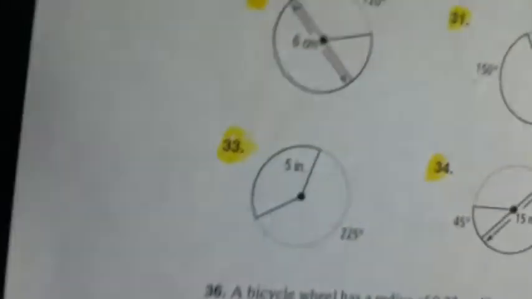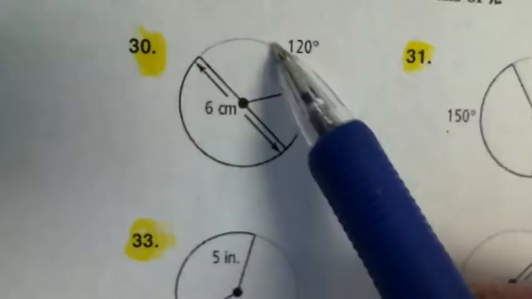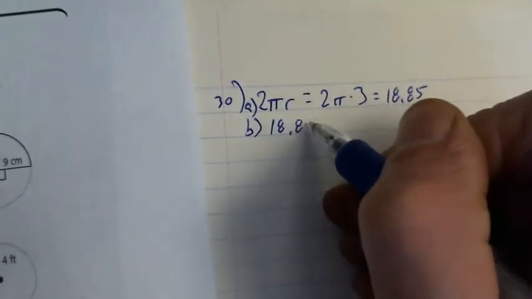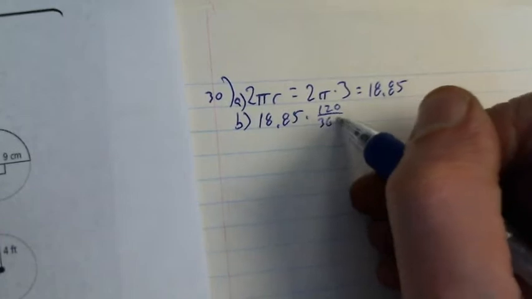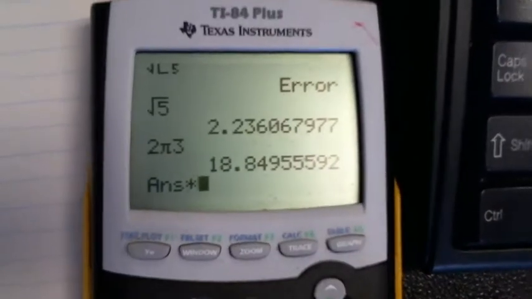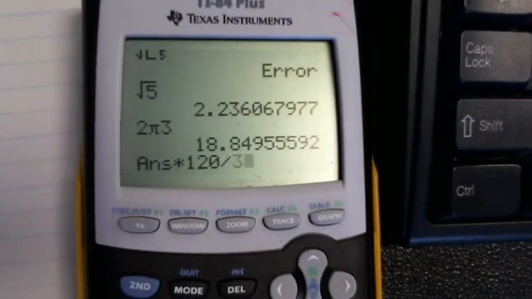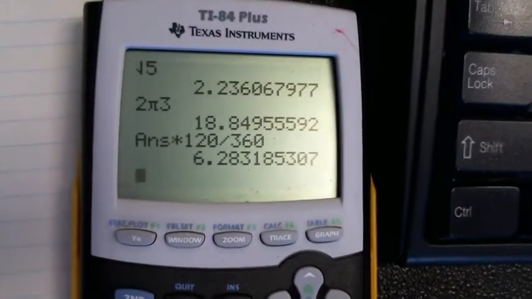And the length of our arc, we do 120 out of 360. That's our proportion. So 18.85 times 120 out of 360 is 6.28.